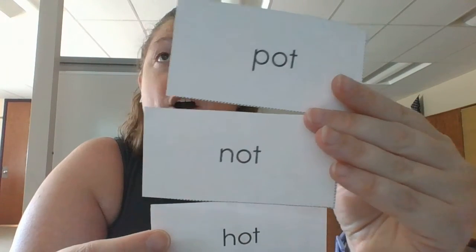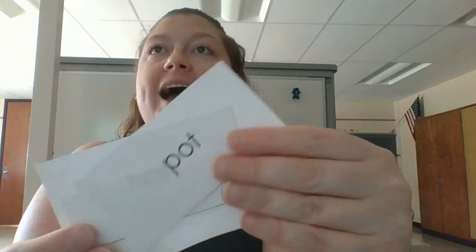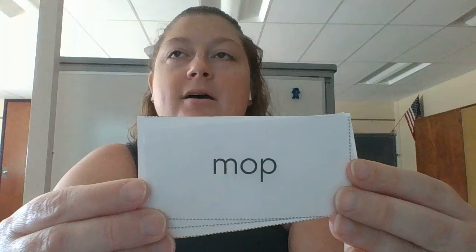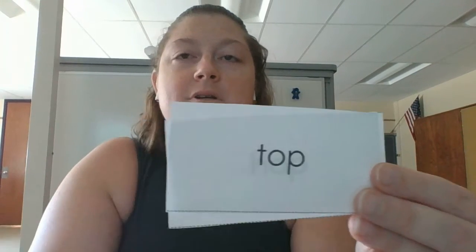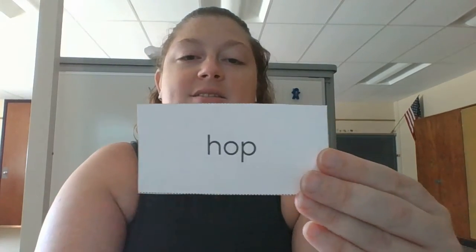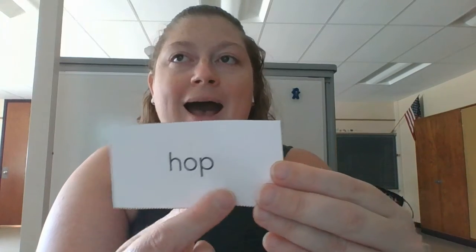You're right. They all have at at the end, so they are part of the at word family. Now I have some other words: mop, top, and the last one I have here is hop.